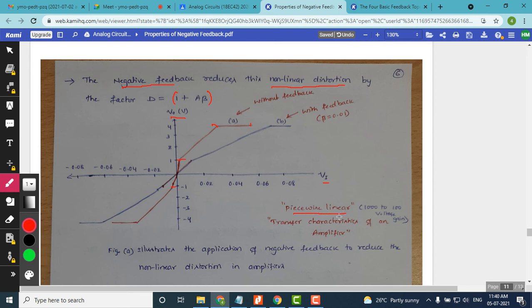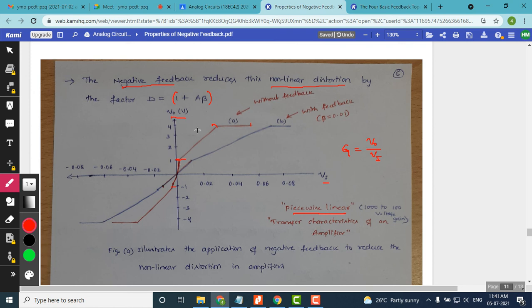Between 1000 and 100 the voltage gain is going to be linear. As you can see here, this gain is 1 by 0.02, V naught by Vi. Gain is V naught by Vi. This first red color indicates a graph of V naught versus Vi, so it is not a response, it is a transfer characteristic.